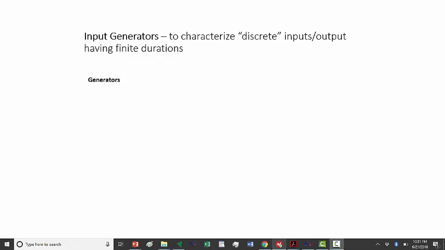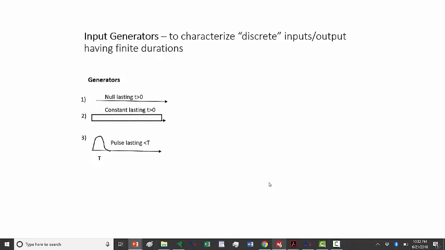First, we'll talk about input generators. These characterize discrete input and output events, but having finite durations. Such time-based event streams are characterized by generators.